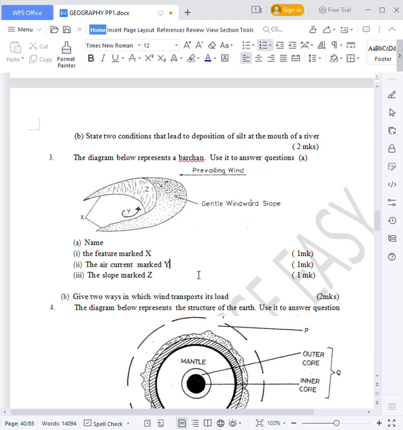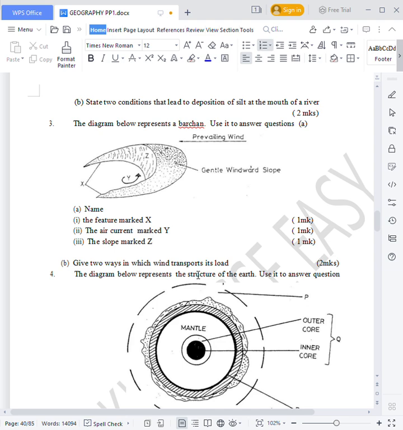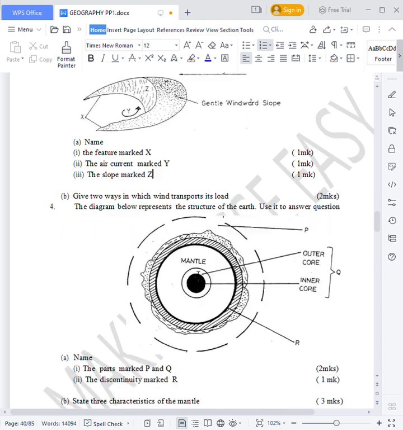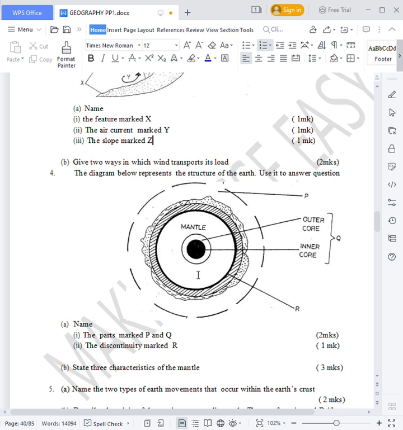Question 4, you are given a diagram. The diagram below represents the structure of the earth. Use it to answer the questions.